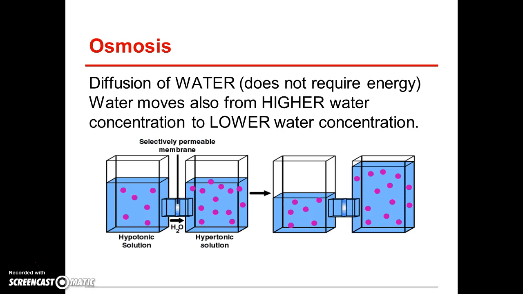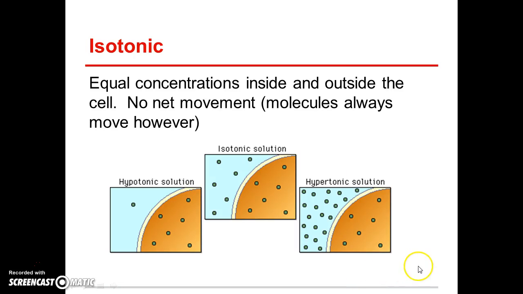So if you are told the concentration of solute, you have to flip that and think, if solute is 20% of the solution, that means water must be 80% of the solution. You're going to see it both ways, and that's going to be tricky. We're going to talk about that in class. So through osmosis, we have different types of solutions: isotonic, hypotonic, hypertonic.